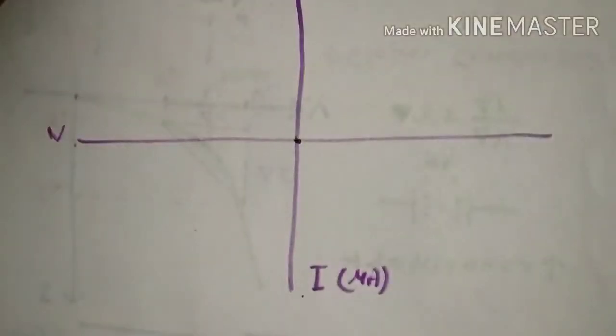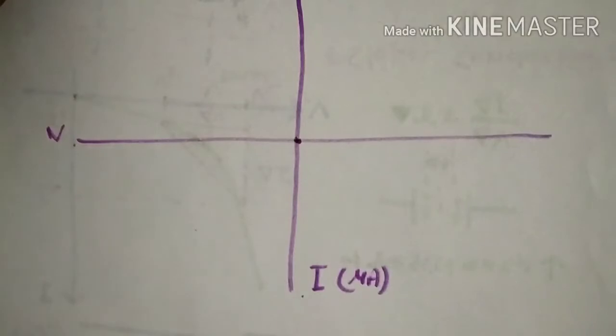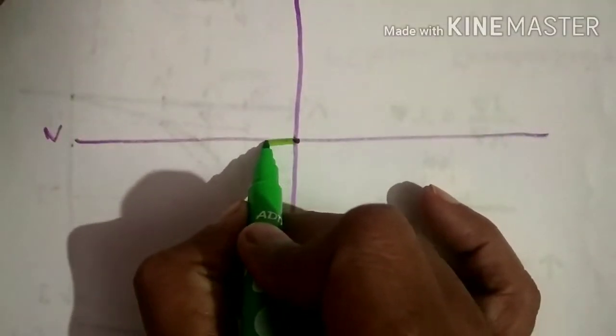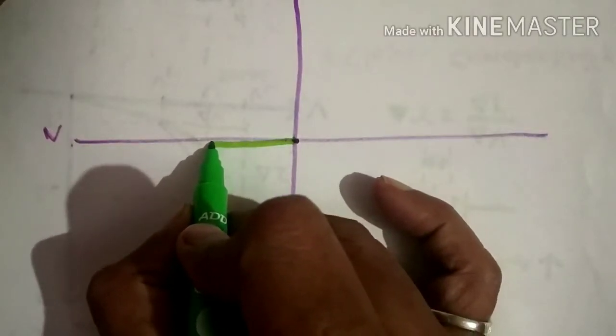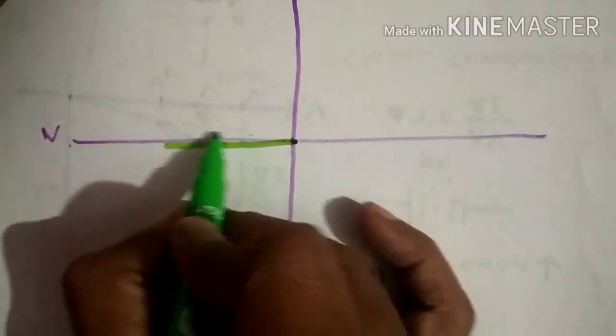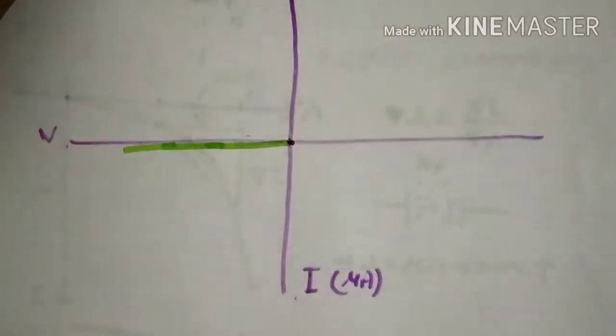So no majority current carrier can cross the junction, only the minority current carriers can cross the junction, even at a small voltage. And if we increase the voltage, the current will not be affected, meaning the value of current is very small and independent of the voltage. Just you see, I am increasing the voltage but the value of current is almost constant.